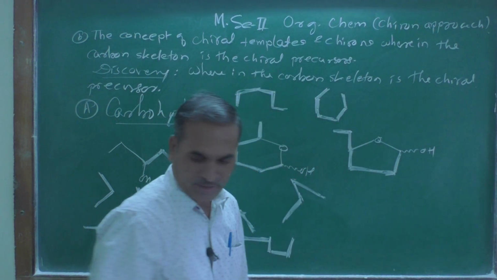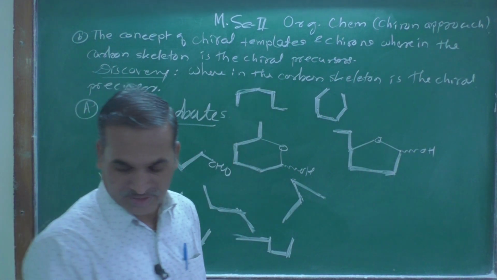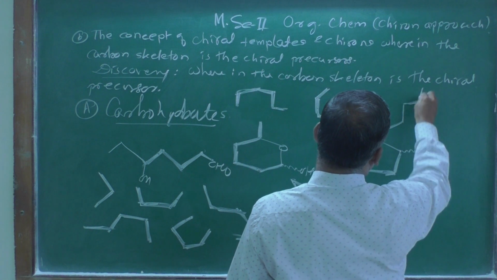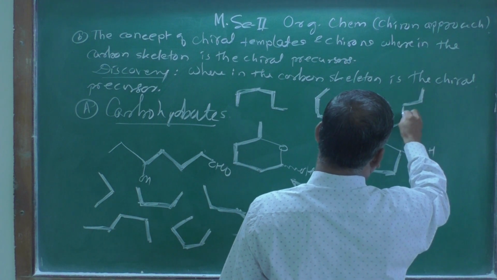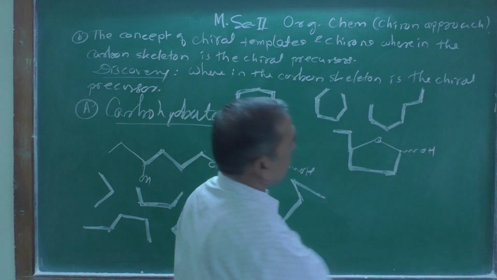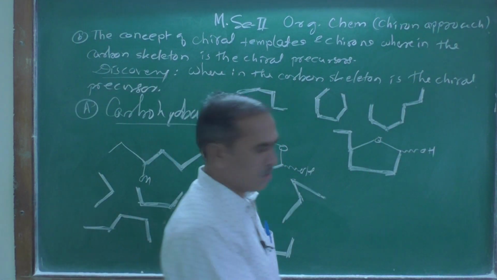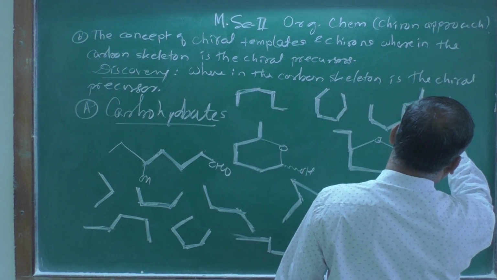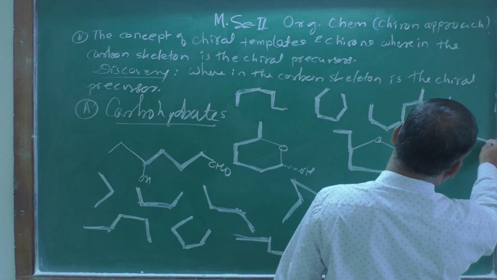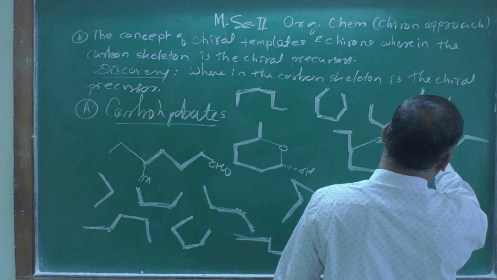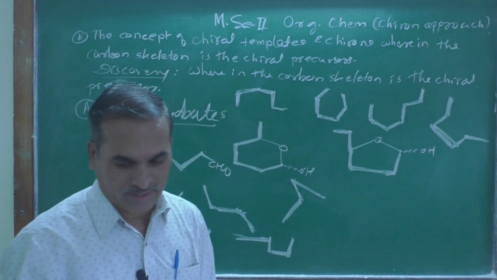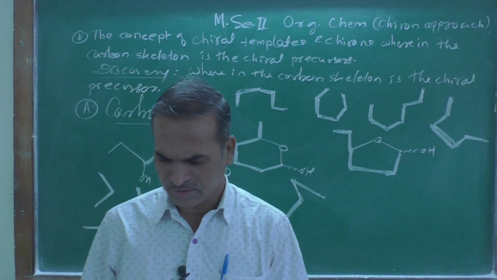These are the segments present in the carbohydrates, or sometimes it may be like this type of segment you may come across, or it may be like this type of segment you will find there in the carbohydrate. These are some of the skeletons that are there.